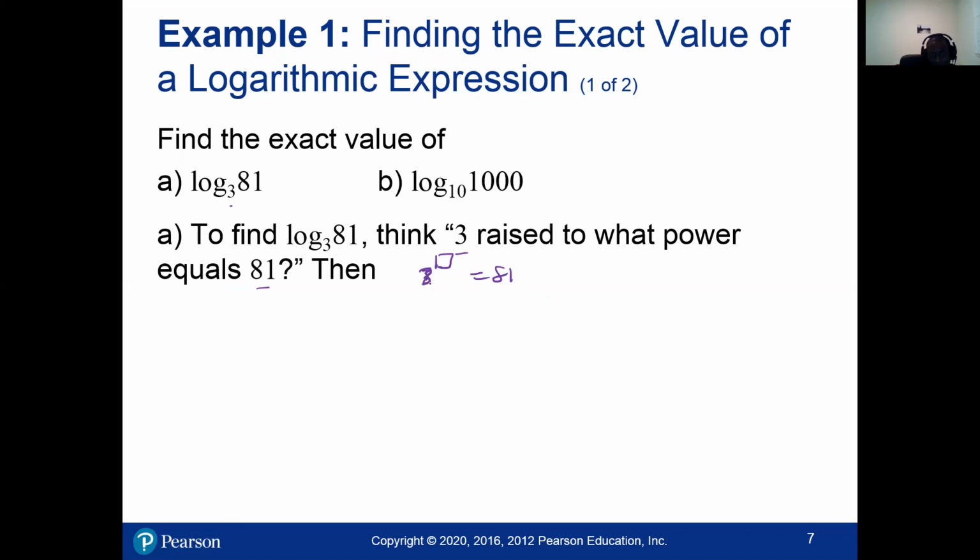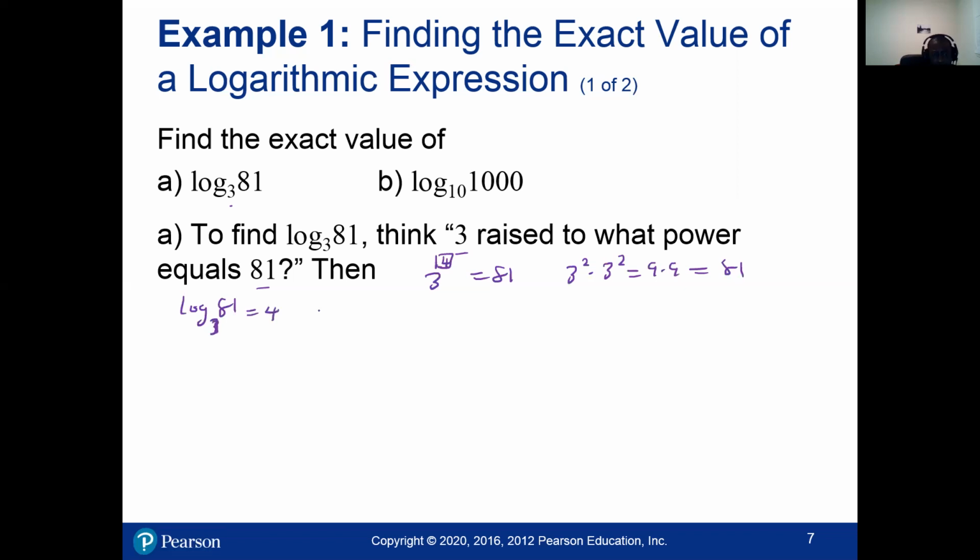What must we raise 3 to get 81? That would be 4, because you have 3 squared times 3 squared, which is 9 times 9, and that is 81. So in other words, the log of 81 base 3 is equal to 4.